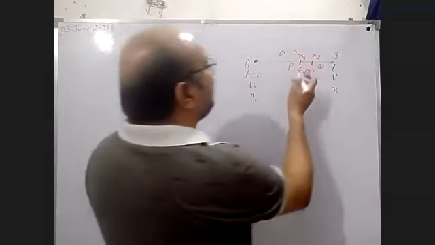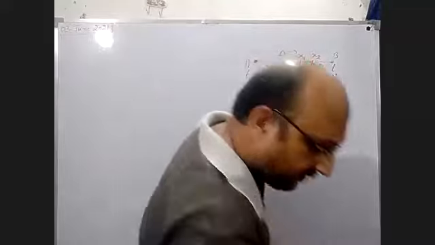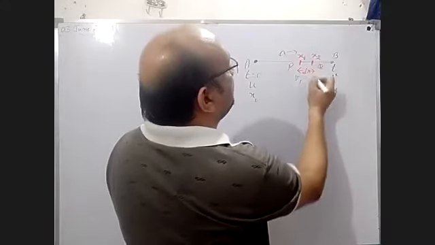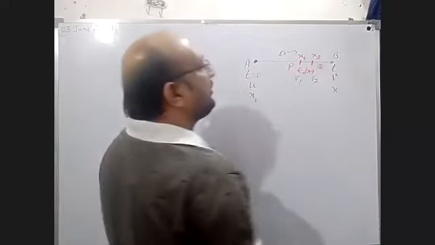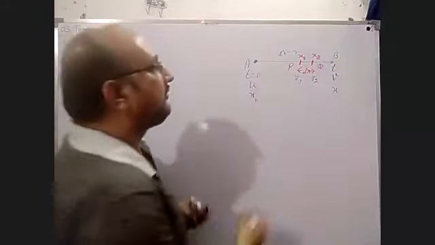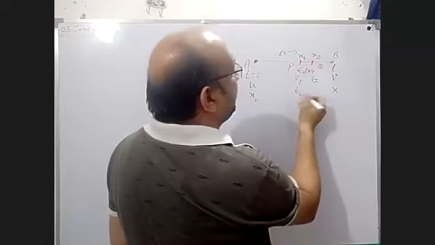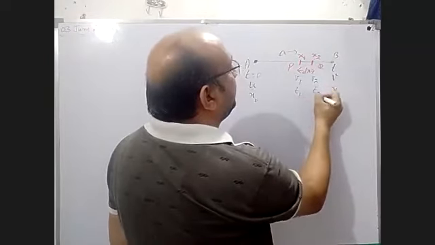And what will be the velocity here? Velocity at point P, suppose v1, and at Q, v2. What is the time at point P? Suppose the object has time t1 here and t2.